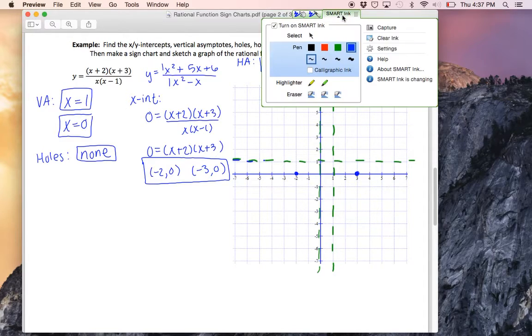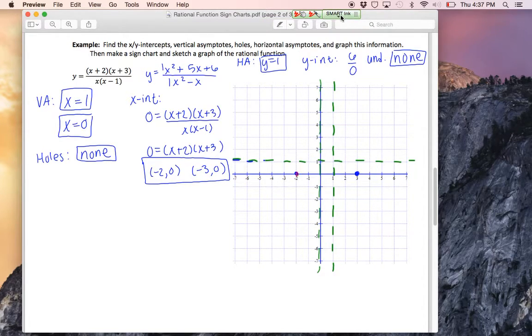Now remember what we learned: that your graph will go from above the x-axis to below the x-axis at a vertical asymptote or at an x-intercept. So those are the values that go on the bottom of our sign chart. So those values are -2, 0, 1, and 3.